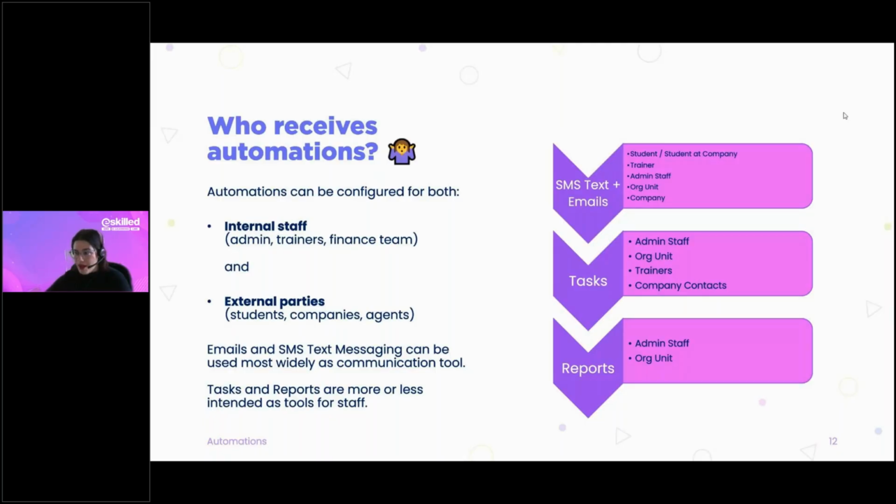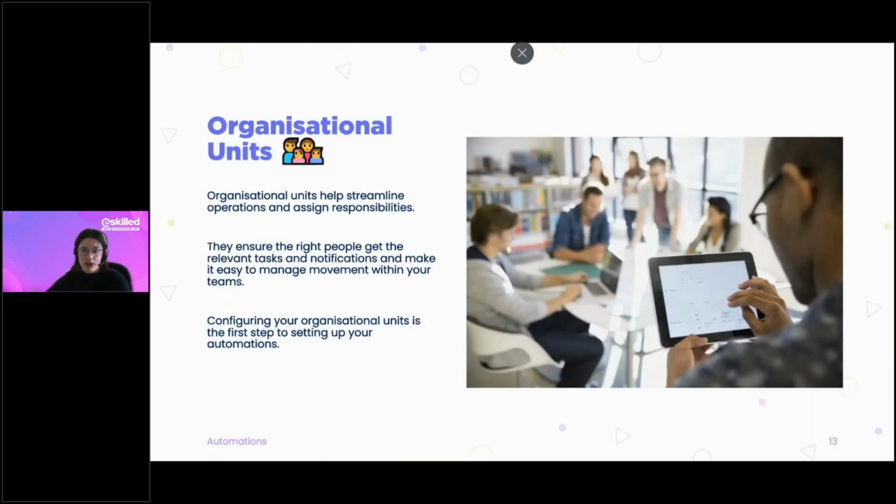Alrighty. I talked about org units there, and if that's not something you're familiar with, we'll be going into detail on that because it'll be the first thing we set up with respect to managing automations.